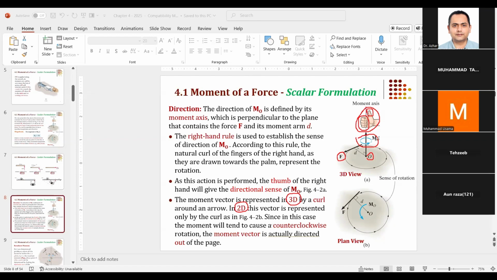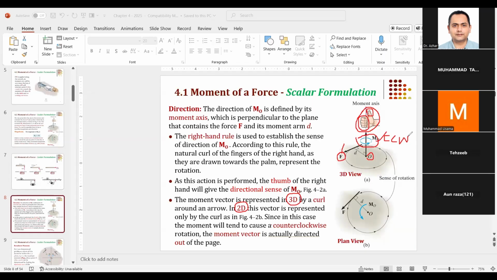For example, in this case, the moment produced by the force is counterclockwise. We simply specify it like CCW. I'm sorry about the handwriting, but we will only write that the moment is counterclockwise.